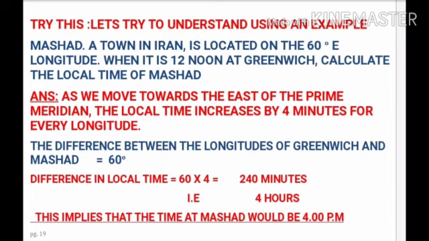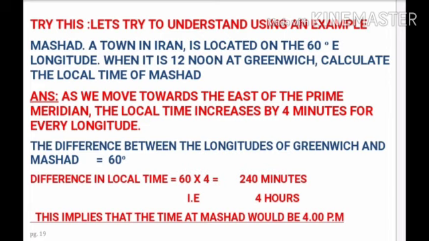So, the answer. As we move towards the east of the prime meridian, the local time increases by 4 minutes for every degree of longitude. As the longitude increases, the time increases by 4 minutes. The difference between the longitudes of Greenwich and Mashhad is 60°. So when we multiply 60 by 4, we get 240 minutes, that is 4 hours.